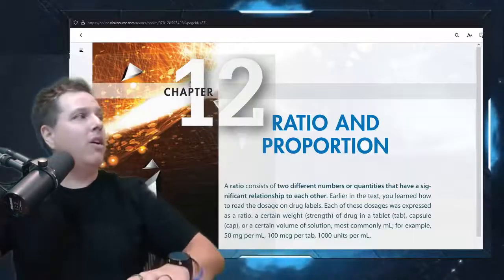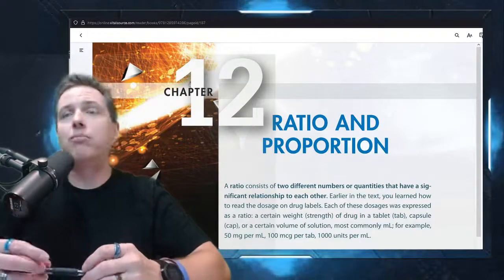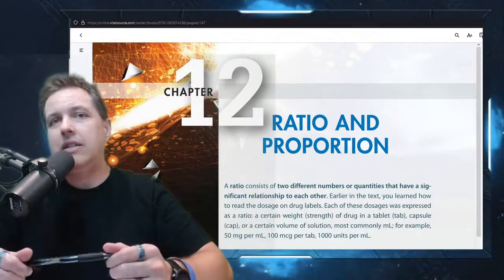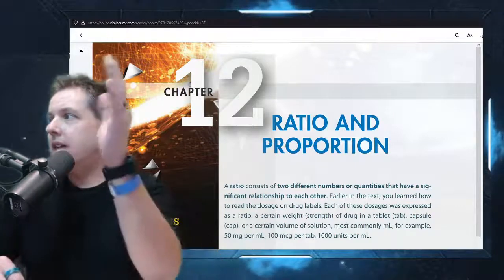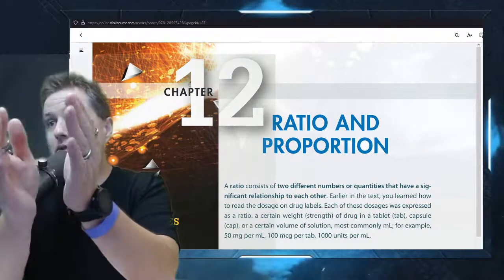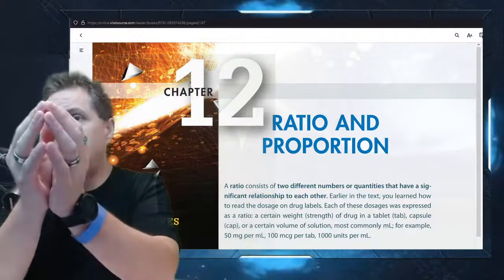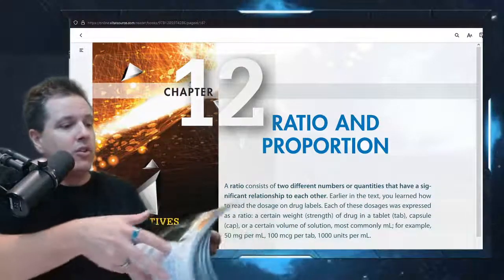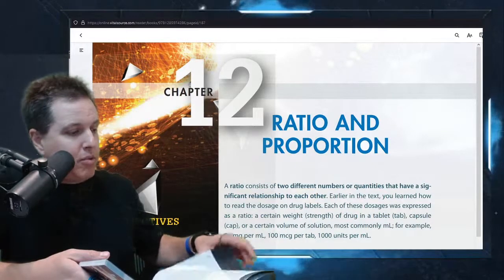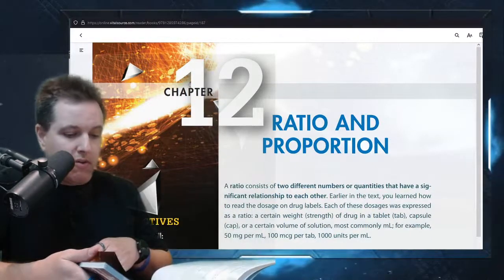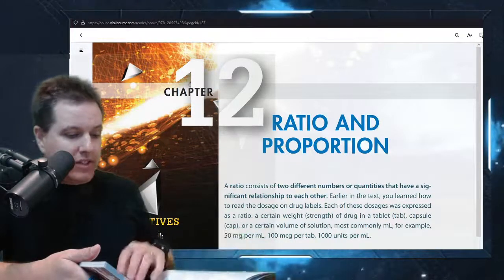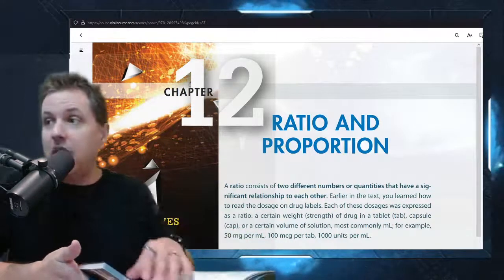Okay, so we are in chapter 12, ratio and proportion. I've set it up so for the rest of the semester, the homeworks are in groupings that are the units in the book. This time we're doing the 3 chapters that the book calls Unit 4. Next time we'll do Unit 5, then Unit 6, then Unit 7, and then we're done.